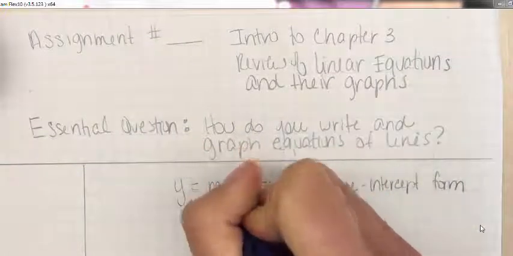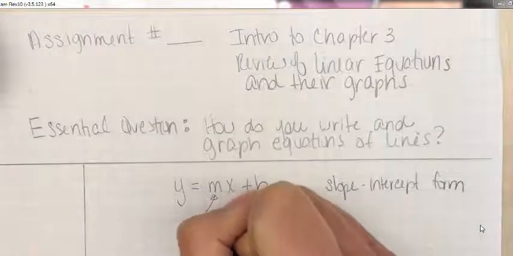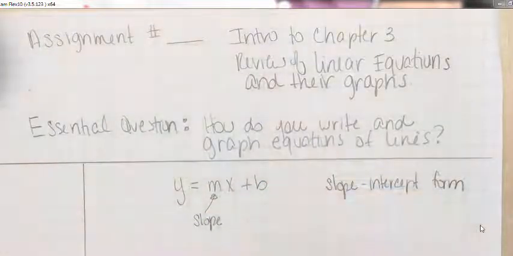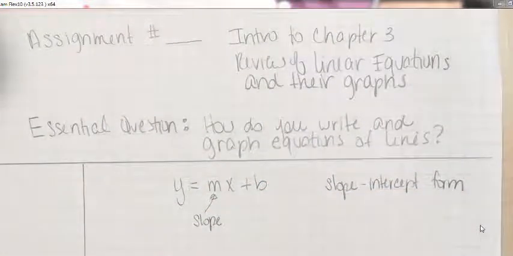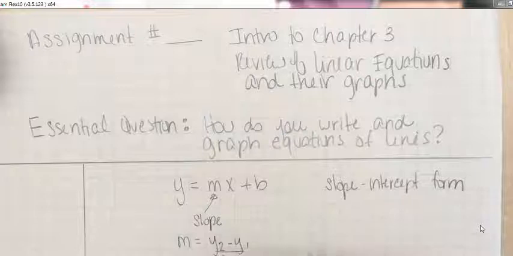So first of all, m is always our slope. And we know the formula for slope is y2 minus y1, or the change in the y's, over the change in the x's, x2 minus x1.